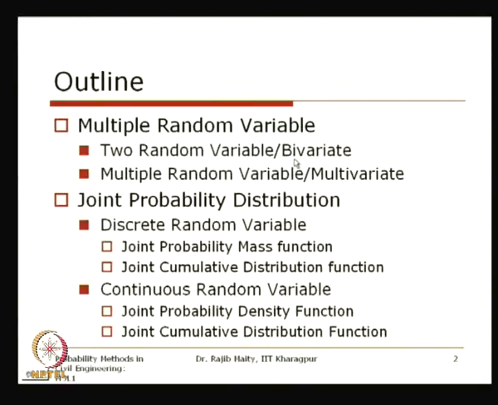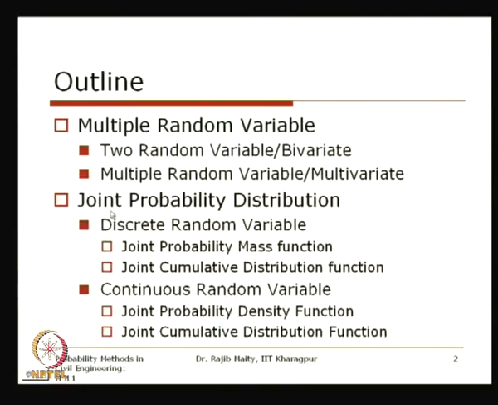Bi means that two random variables are associated, and sometimes, when there are more than two, we call them multivariate random variables. So multiple random variables, this multivariate analysis, will go under that.